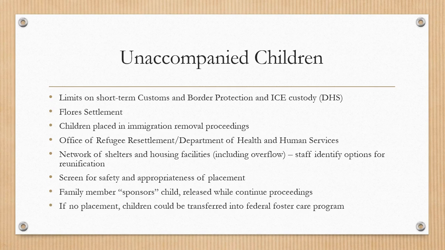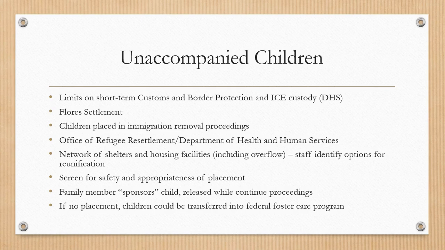So when children are arrested, they're placed in immigration removal proceedings, and then they're transferred to the custody of the Department of Health and Human Services and the Office of Refugee Resettlement, where they're placed in a network of shelters and housing facilities throughout the country, where staff then work with the child to identify whether or not there are options for reunification with family members in their destination where they were headed.